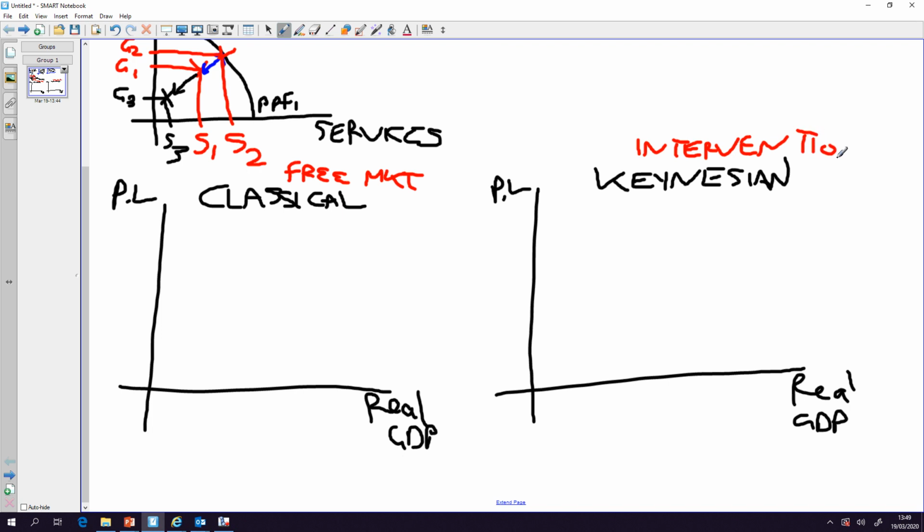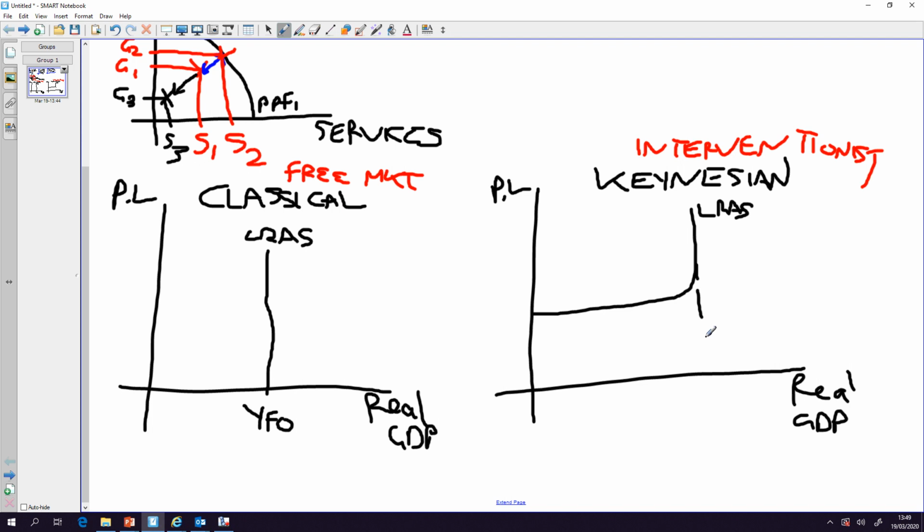Right, now what we're going to think about then is what actually is a long-run aggregate supply curve. Let's draw them first of all. So classical, that's a vertical line, or it's meant to be. So we've got a classical long-run aggregate supply curve, and then we've got something we call a Keynesian long-run aggregate supply curve.